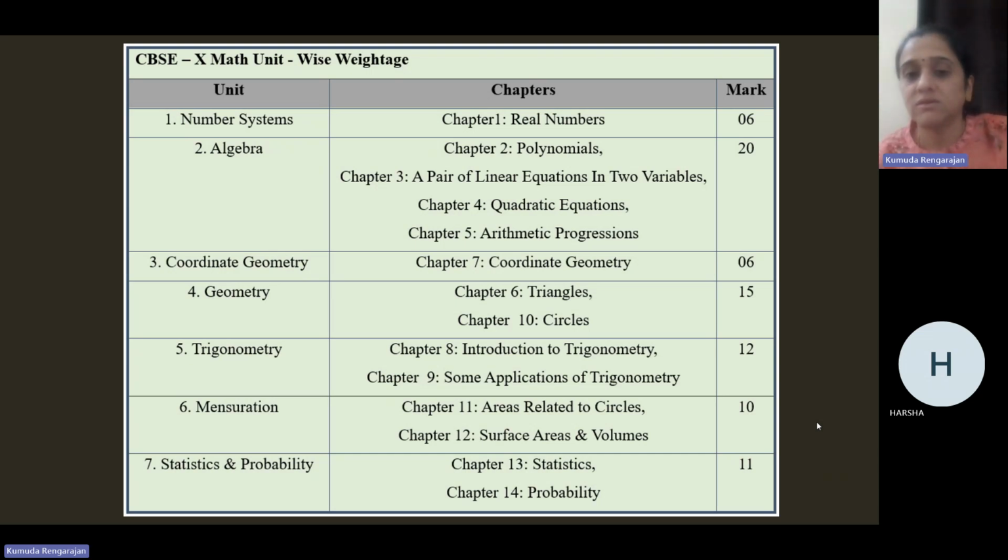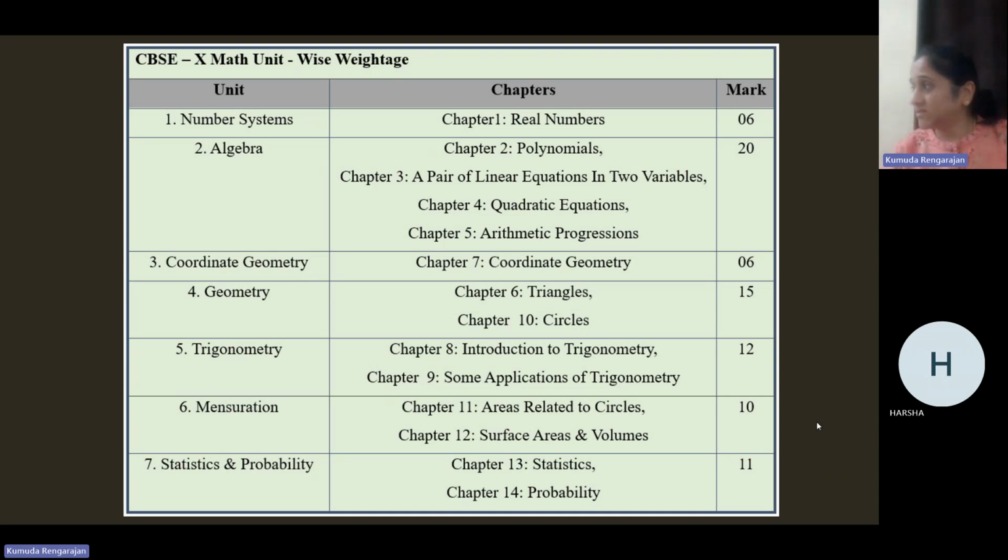Arithmetic progressions. So progressions are of three different kinds. You have arithmetic progressions, you have geometric progressions, you have harmonic progressions. Okay, so these are sequences. Progressions are sequences. A set of numbers arranged in a particular order following a definite rule. So progression is nothing but a sequence.